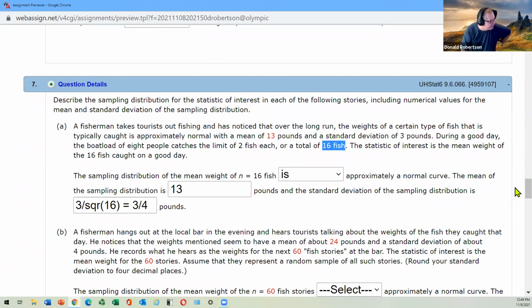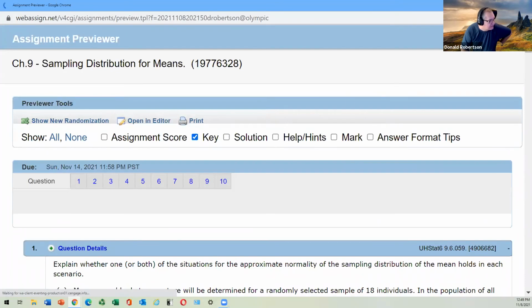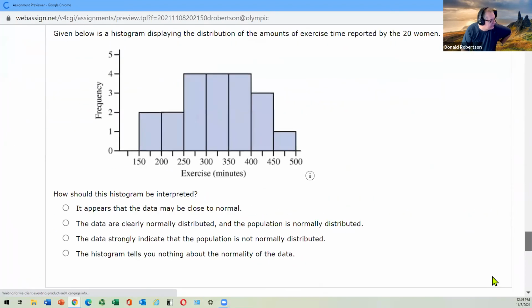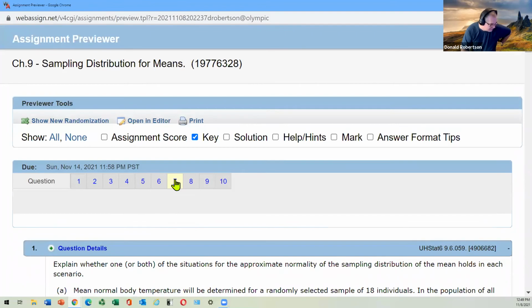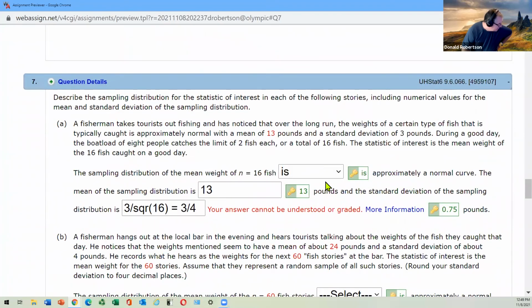Let me try something on this, just in case they did do that. Oh, well, that's just because of this. Yeah, they're allowing 16.